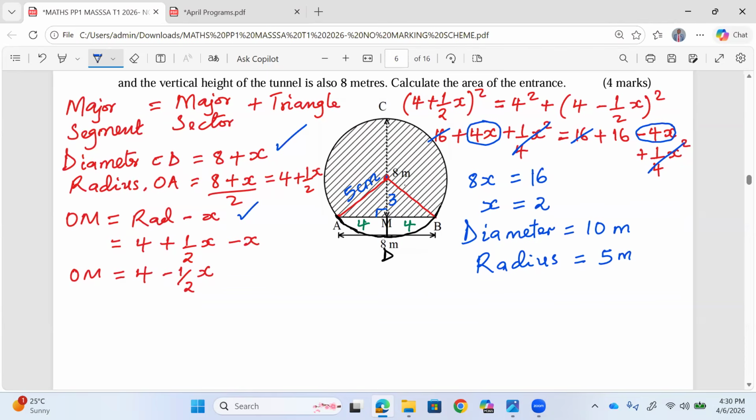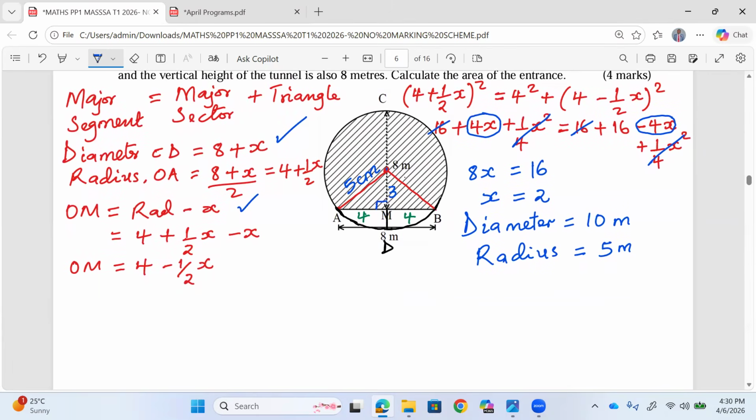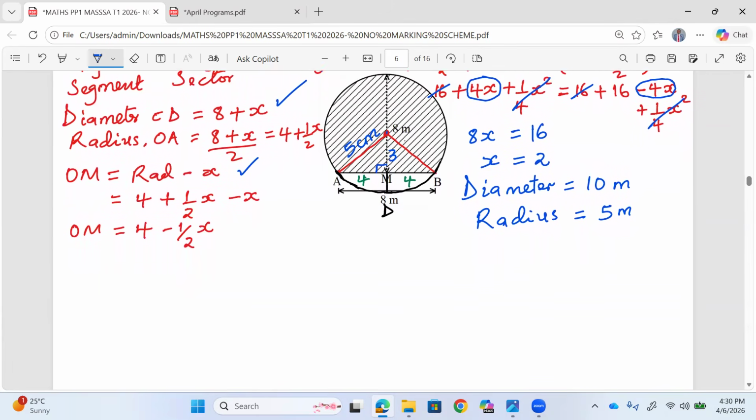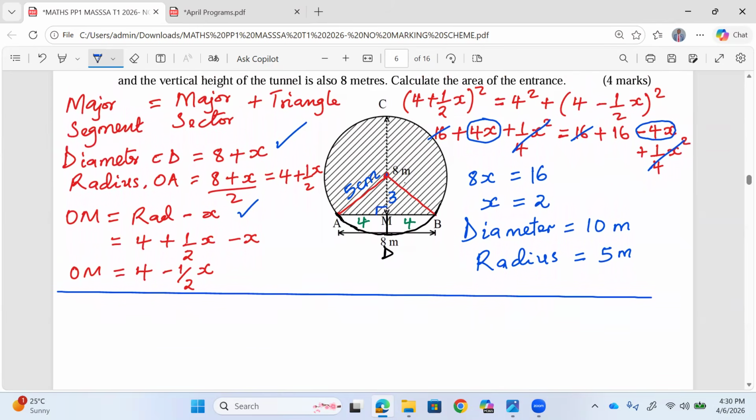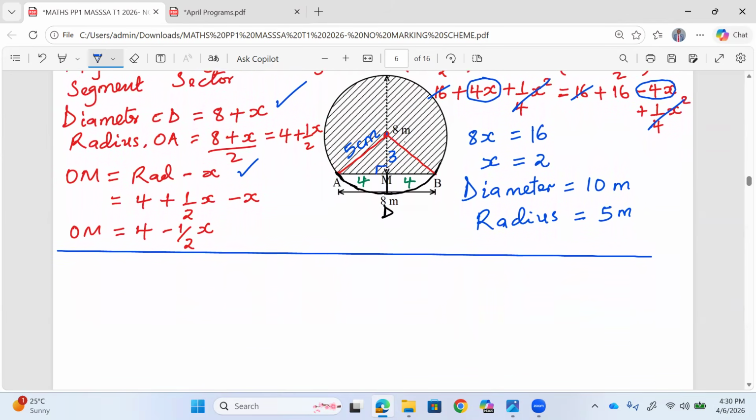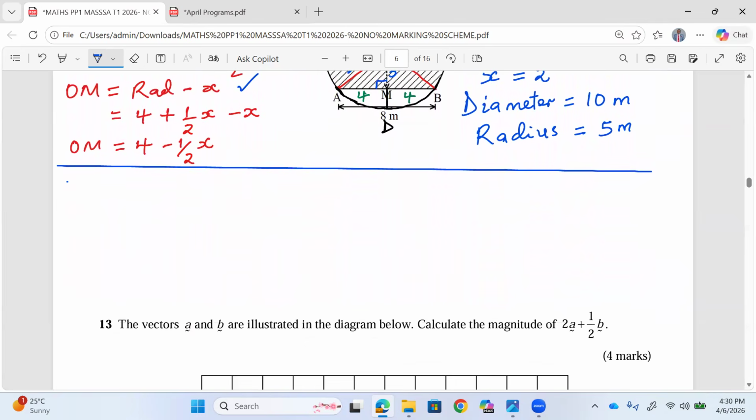So for us to proceed, we can first work out the area of the triangle, and after the triangle, we can talk about the sector. We can't talk about the sector without angles. But find the triangle first.